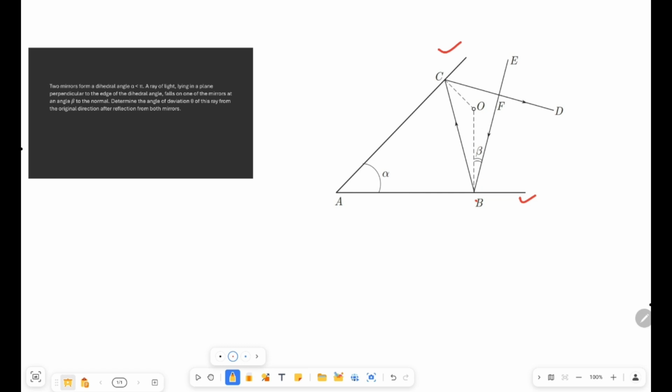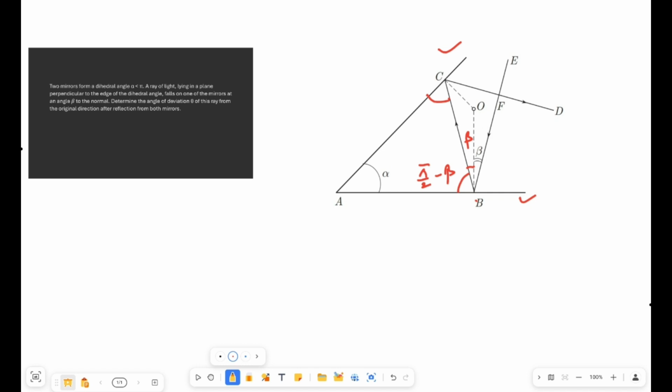Let the ray EB be incident at an angle beta to the normal, and the normal is OB. This is the angle beta. So this is going to be angle beta as well, and this will be pi by 2 minus beta, and this angle is going to be pi by 2 minus beta plus alpha.